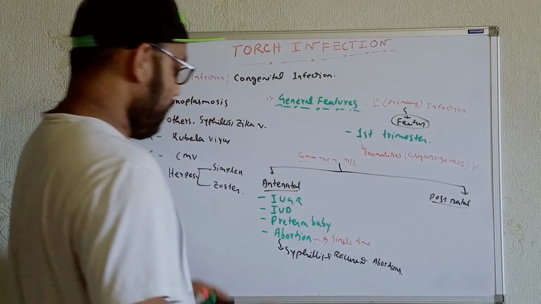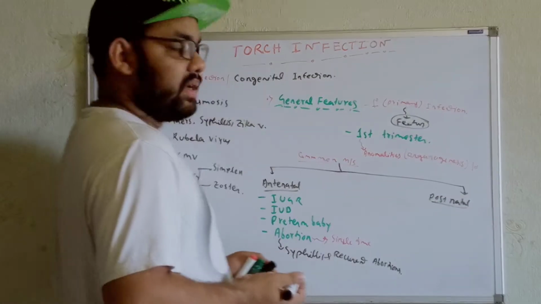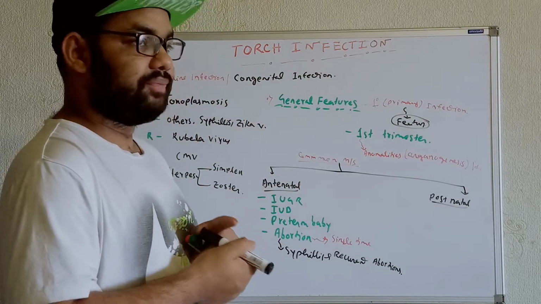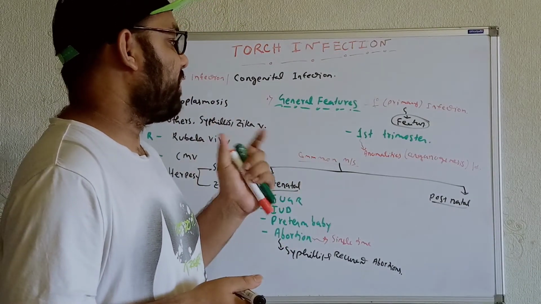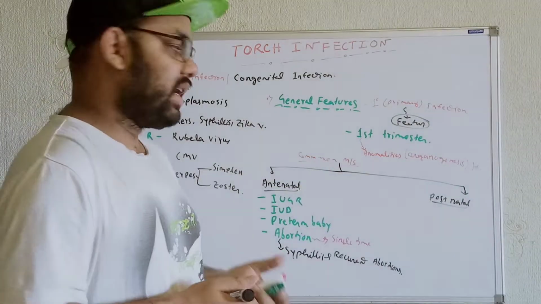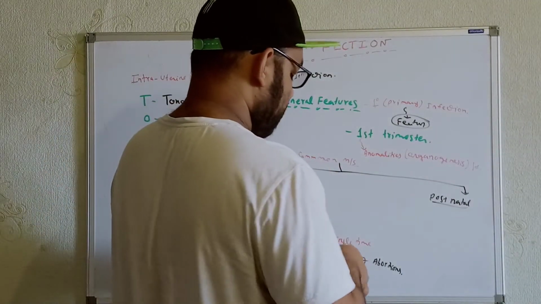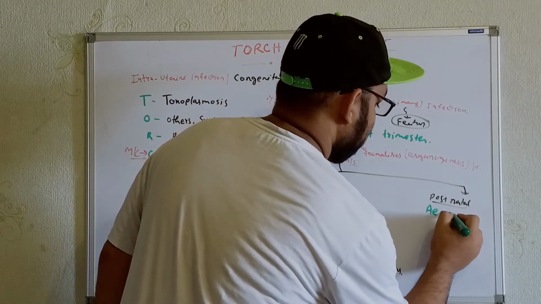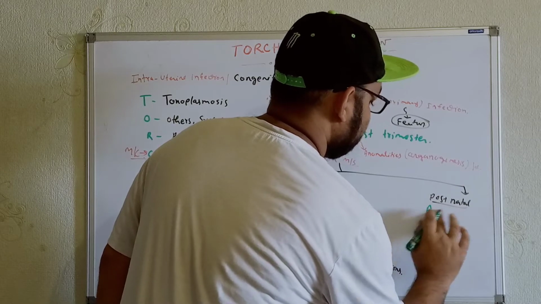Now whenever we are talking in terms of the postnatal period, whenever the infectious agents are going there and damaging, the damage is severe. Whenever we see severe damage after the birth, the problem we will see is basically anemia. So let's write it clearly.